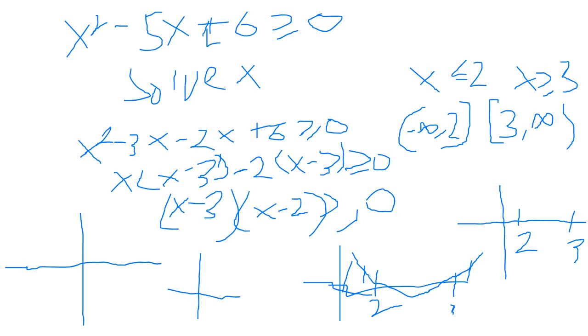So here we are going to have a minimum curve. Do you understand this graph I've drawn? Yes, I understand. So you ask yourself, where on this graph is this function greater than 0? Greater than 0 is above the x-axis. You understand?